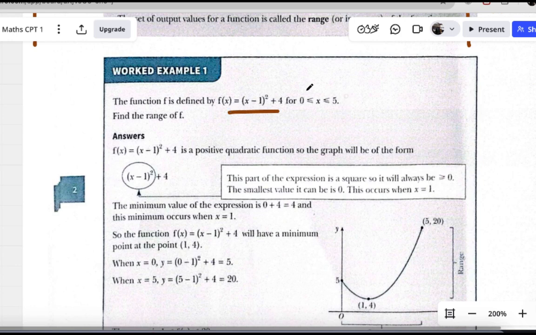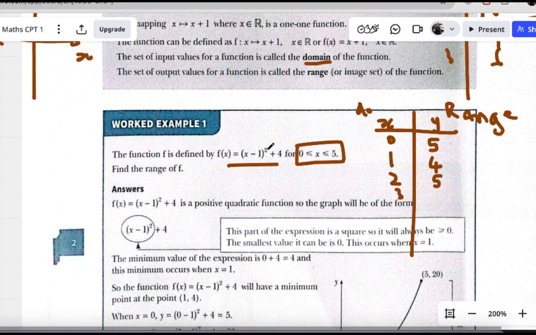For those of you, they've given you the domain. The domain values start from 1. 1 plus 1, we get 2. 2 squared is 4. 4 plus 4, we get 8 here. If our domain is 4, it's 13. So we get 13 here, and so on and so forth.